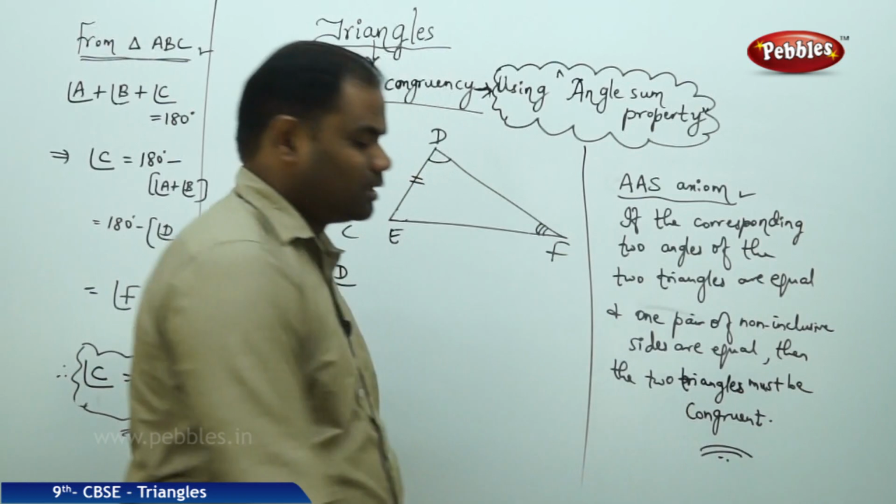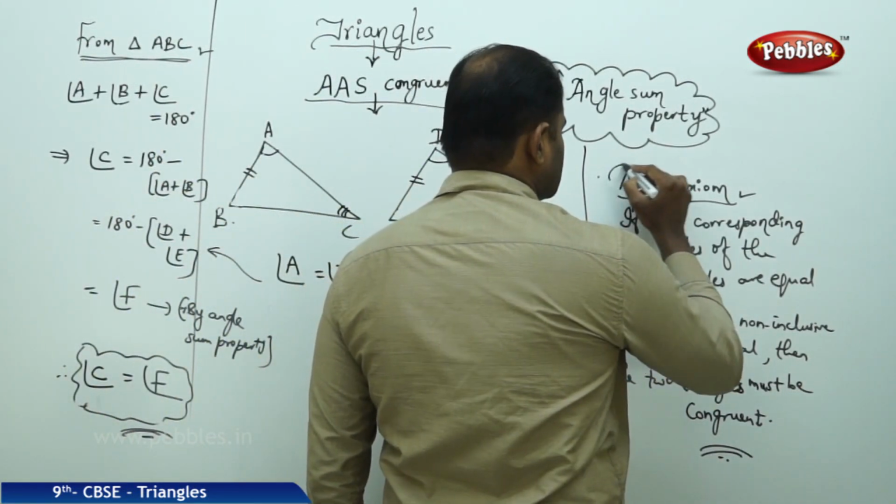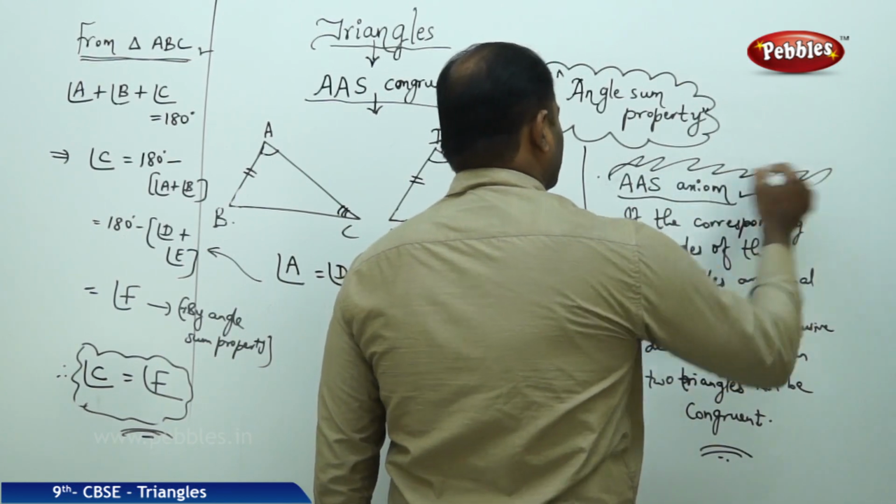That is how I understand the congruency through the AAS axiom.